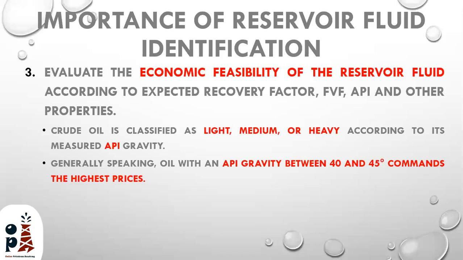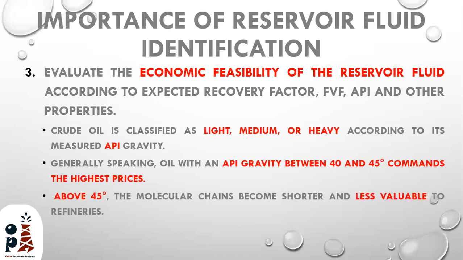But when we have an API above 45, the 45 API oil is less valuable than the oil having gravity from 40 to 45, because the hydrocarbon chains become very short, and these short hydrocarbon chains won't lead to a high amount of energy like that generated using the oil having API gravity 40 to 45.